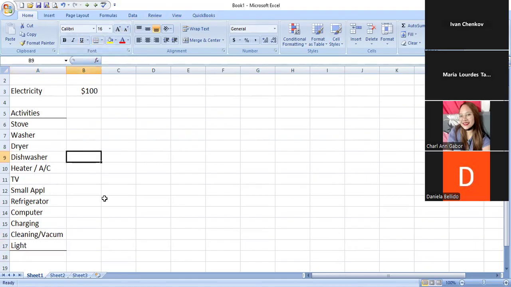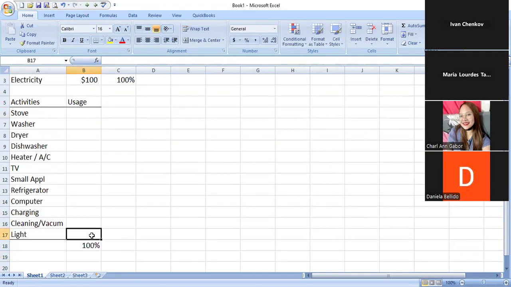So now what we have to do is find out the usage of our activity. So having in mind that the total usage in this case, because the bill is $100, or $100 is also equal to 100%. Now the thing is, all the usage has to also be equal to 100%.